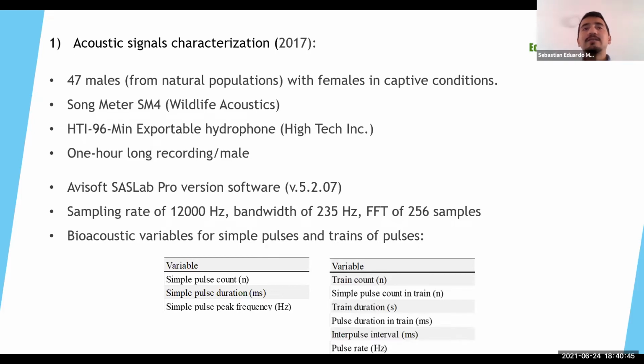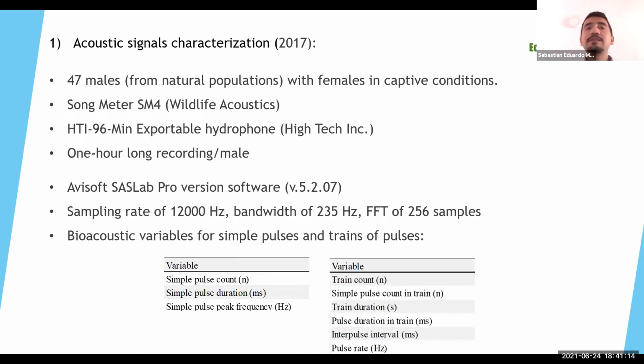For the analysis of the data, we used Avisoft SASLab Pro, and we used a very large sampling rate of 12,000, because normally fish produce low frequency sound, but because we have no reference for this species, we want to be conservative and avoid losing any possible information.